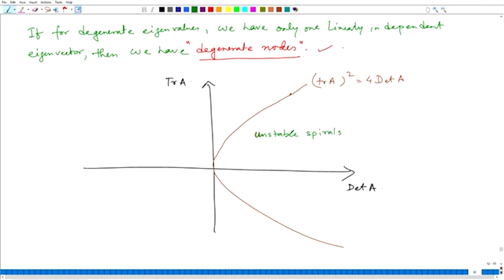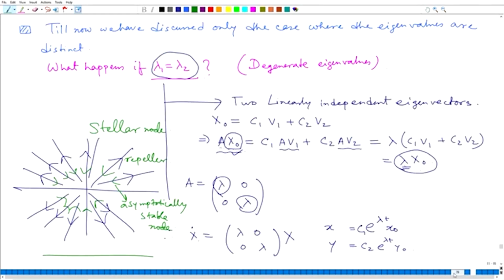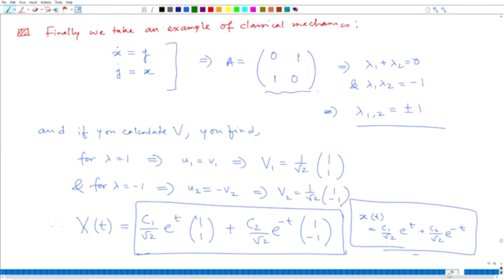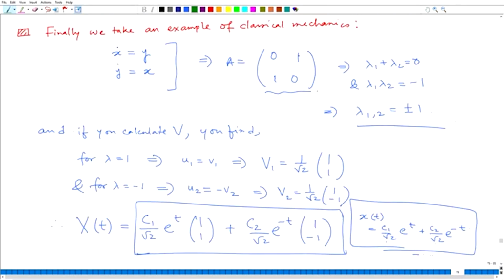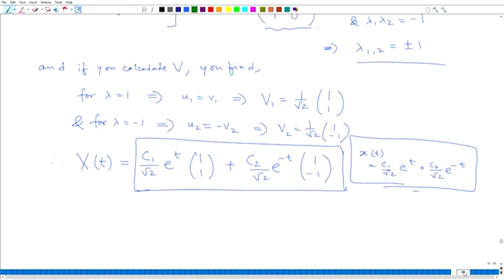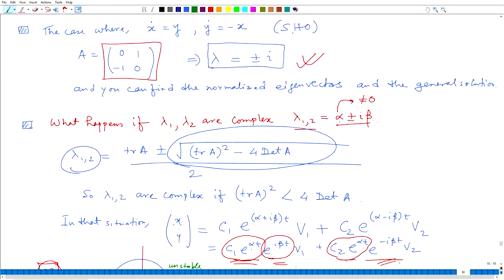This is the region where 4 determinant of A is greater than trace A whole square. So here you see that the eigenvalues are complex when 4 determinant of A is greater than trace A whole square.